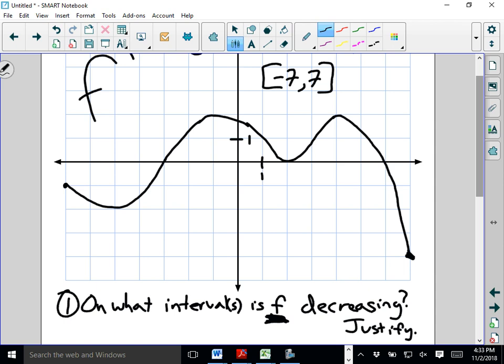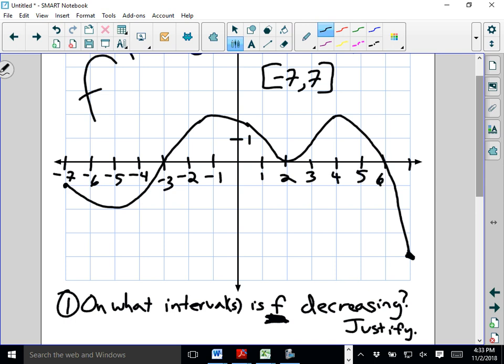So when I look at this, a couple of things. My axes aren't numbered out, so I might go ahead and do that, just so I don't make a mistake with numbering. And I'll do that over here too. So where is f decreasing?